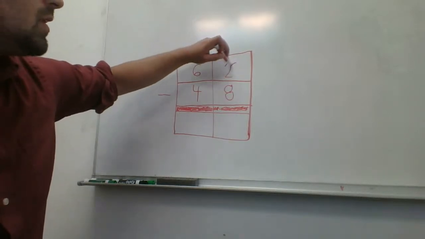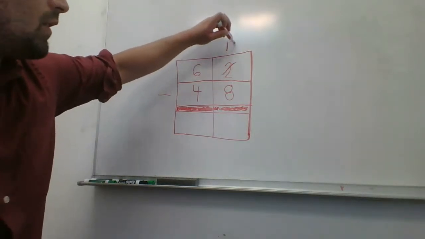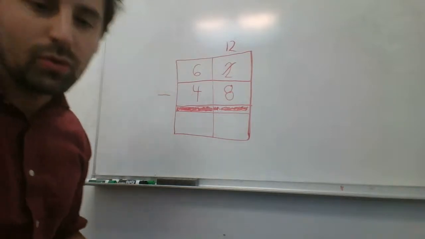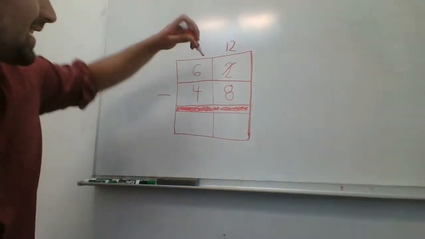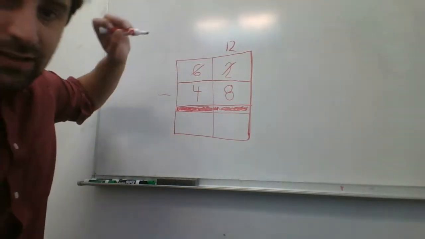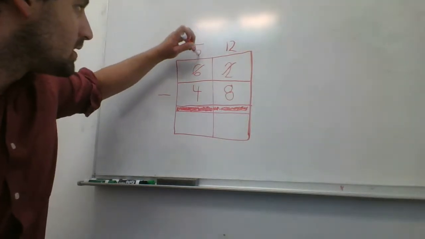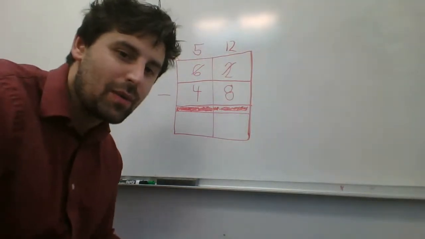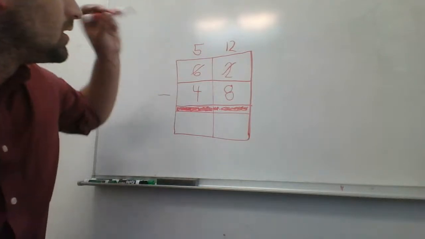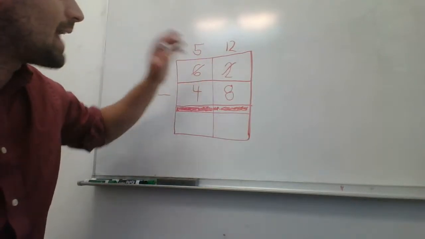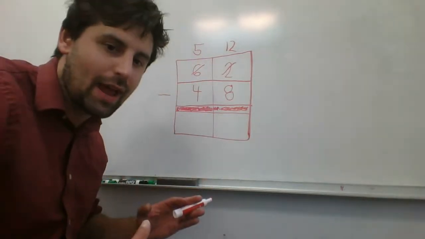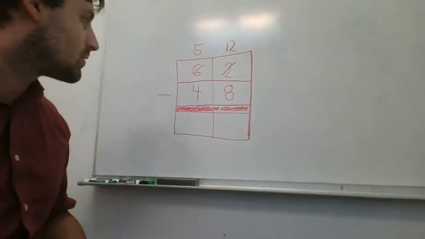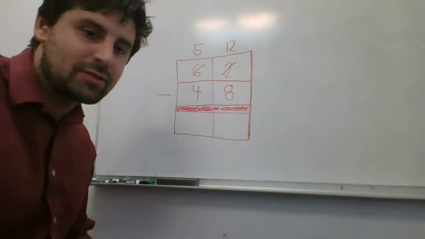So the 2, I'm going to add a 10 to it. It's going to become a 12. Basically, we're just rewriting the number with a 1 in front of it. The 6 is going to become a 5. We add 10, we take away 1. 12 minus 8, now we can subtract. Now we can subtract because both the top digits are bigger: 12 is bigger than 8, 5 is bigger than 4.